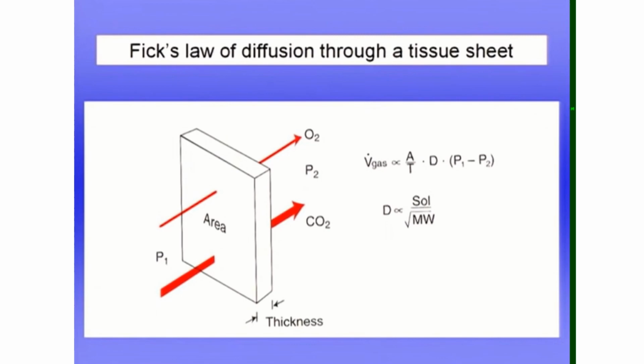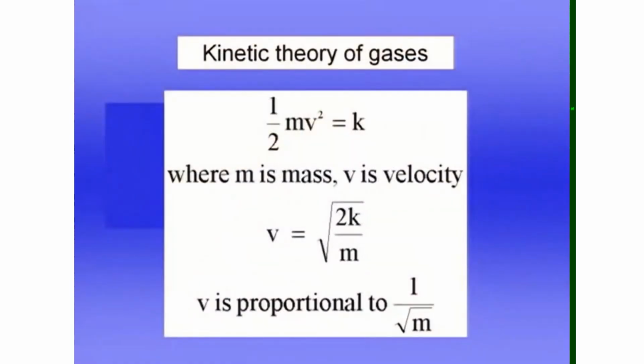Now, it's not particularly important, but those of you with a mathematical turn of mind may wonder, where on earth does this term come from? And the answer is that it comes from the kinetic theory of gases. If you remember back to your physical chemistry, all gases at a particular temperature have the same kinetic energy.